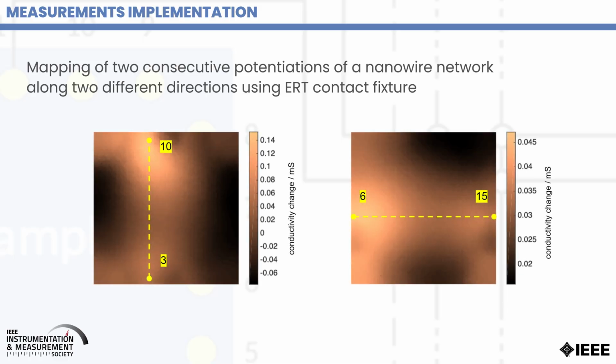So electrical resistance tomography in this case allows you both to map the so-called pristine state of your sample, so the initial state of your sample.